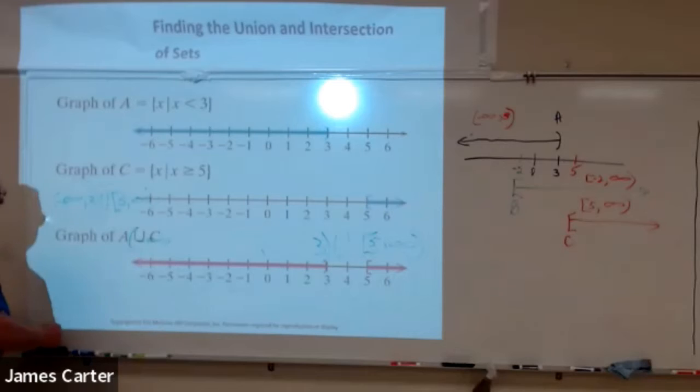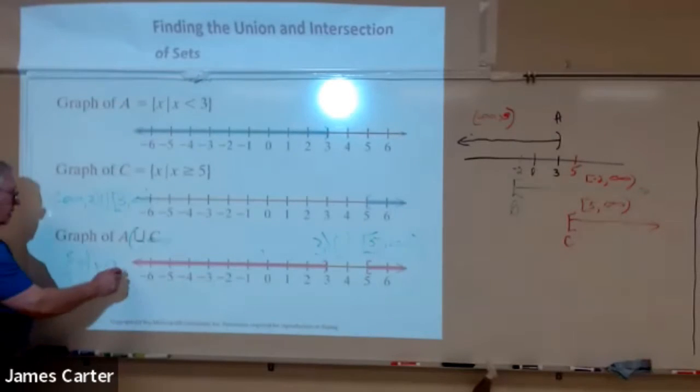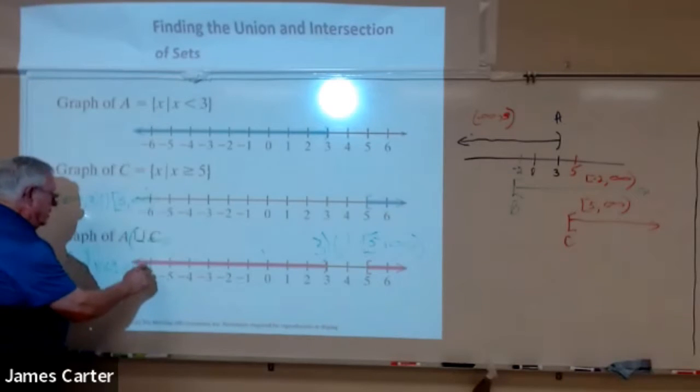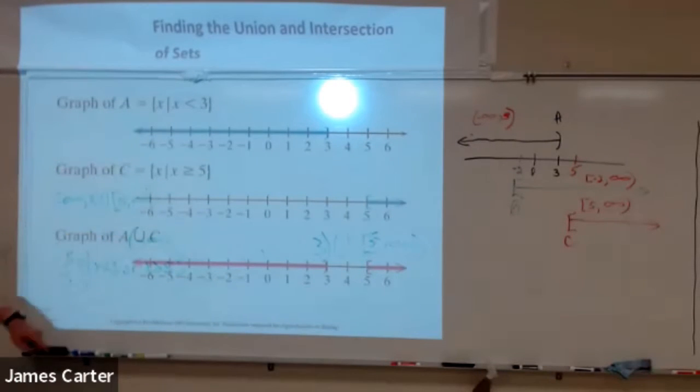No. Set notation would be the set of x values such that x is less than 3 or x is greater than or equal to 5. Basically, you just write these things.